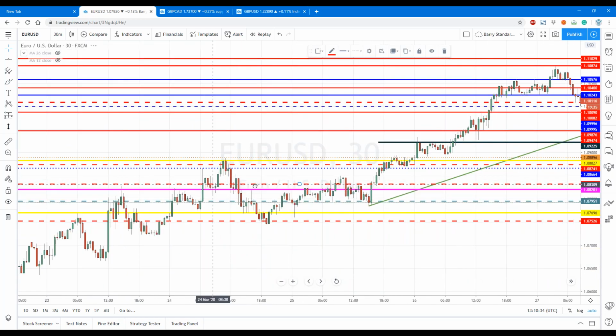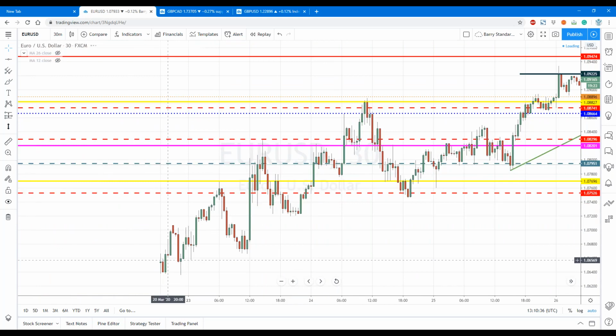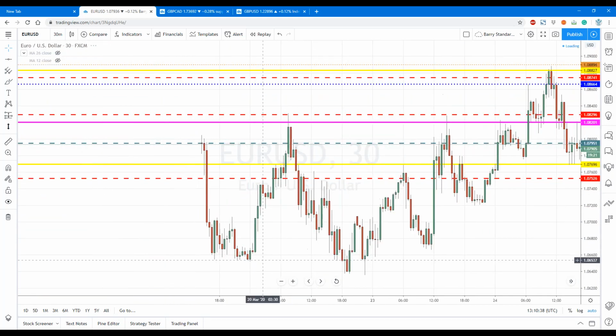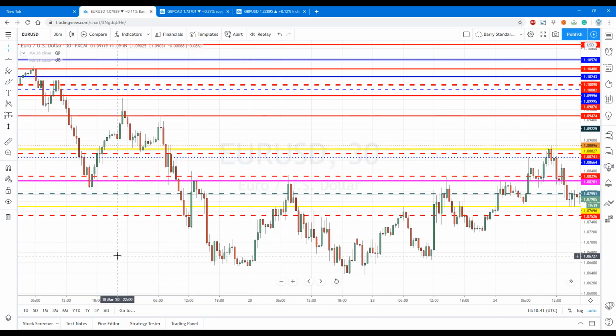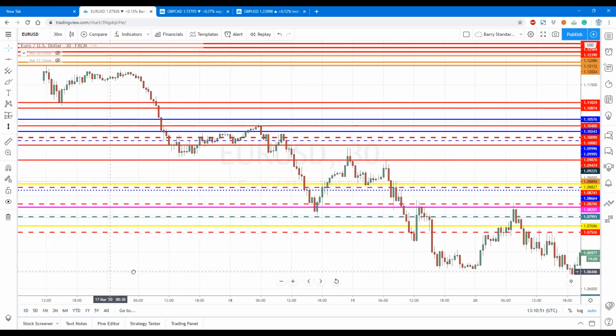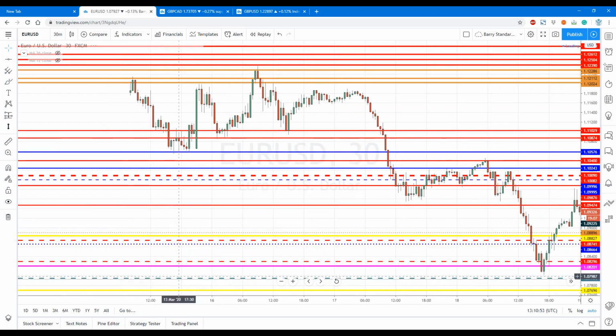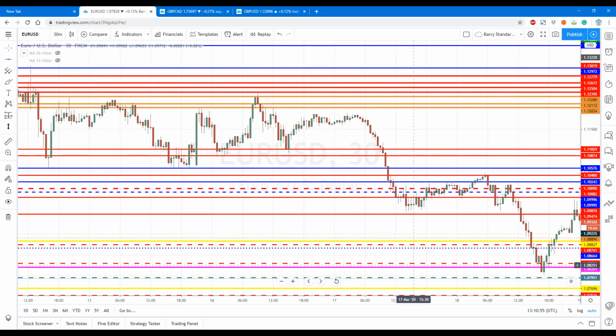But then if we go back a little bit farther and we look at every time price has been in this level, we can see the red level back in the beginning of March held true. The purple level held true. Now let's keep on going back. Again, between the two yellow lines is just simply delineating the range price is in today.